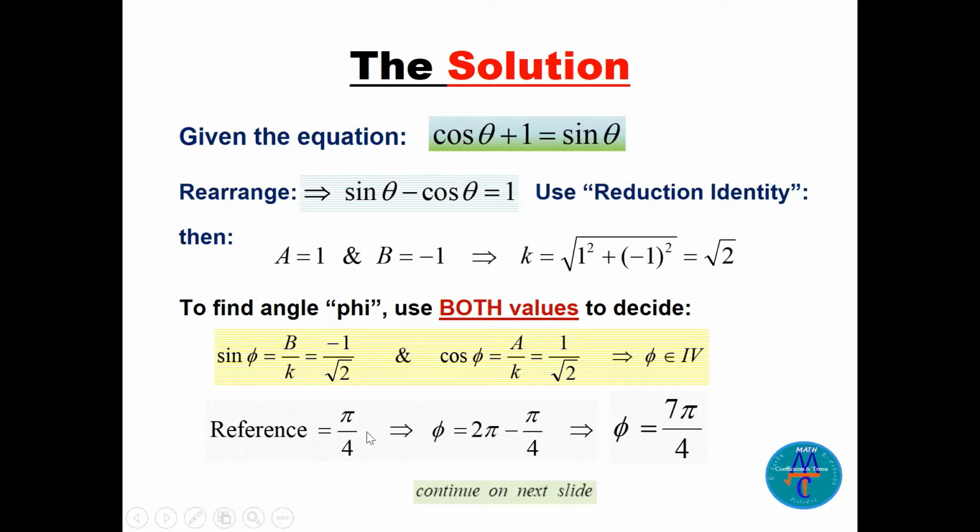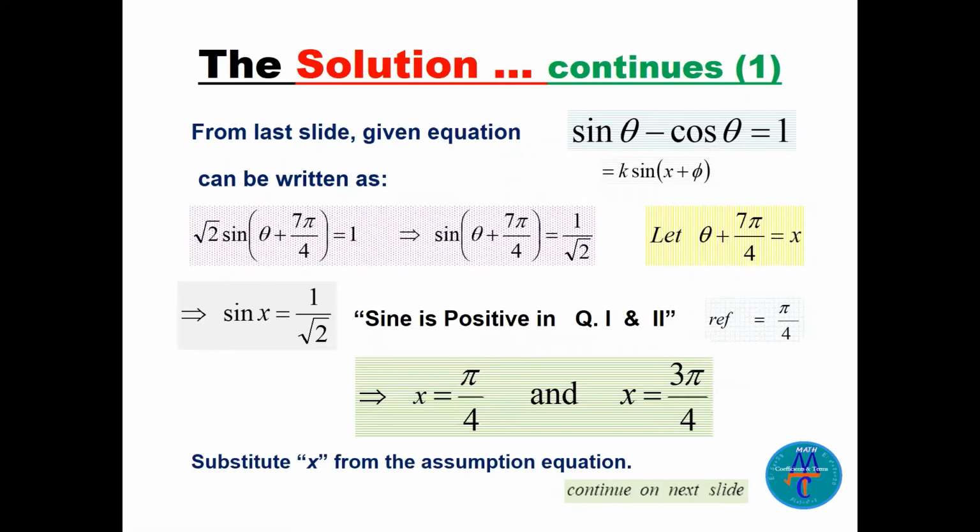So the reference angle here is pi over 4, and phi is in quadrant 4 because the sine is negative and the cosine is positive. So phi itself will be 2 pi minus pi over 4, which is 7 pi over 4.